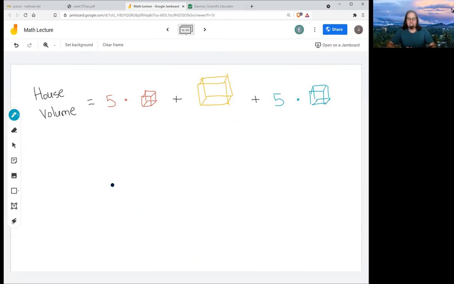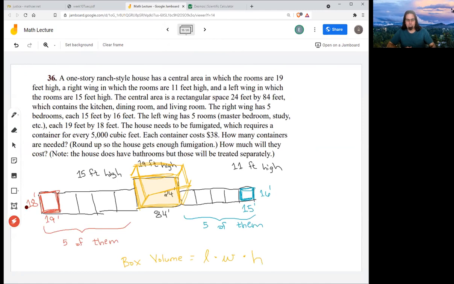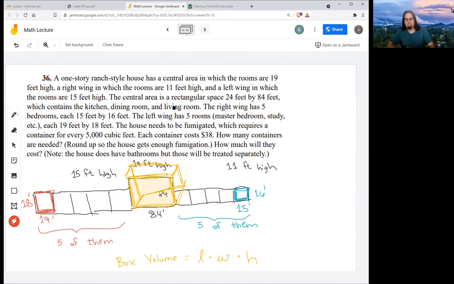Everyone okay with my plan? I'm sorry, it's on 2 different slides. I have these 5 rooms plus the big area in the middle, and then plus those 5 rooms.